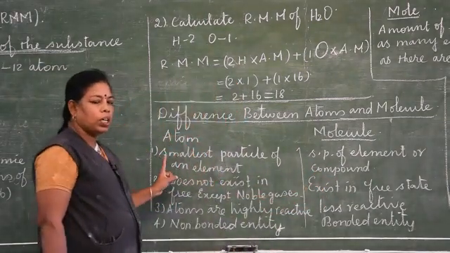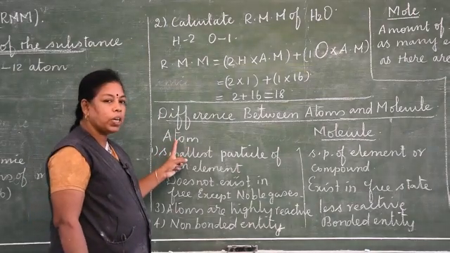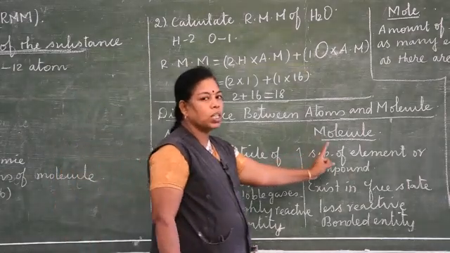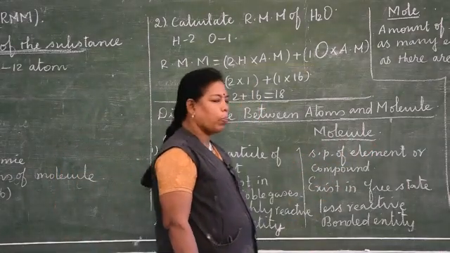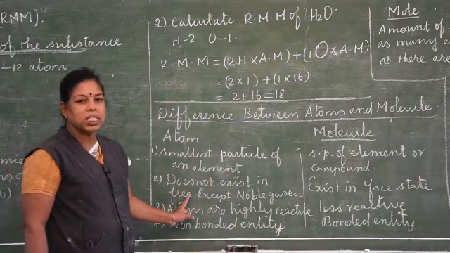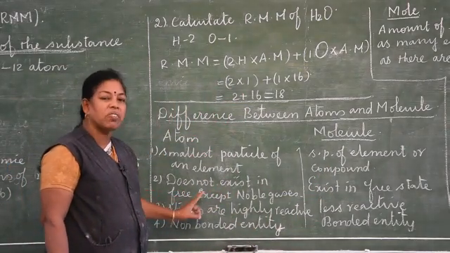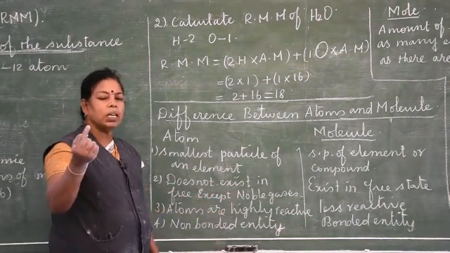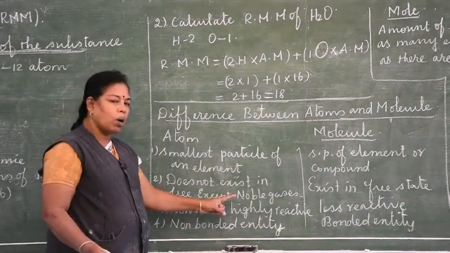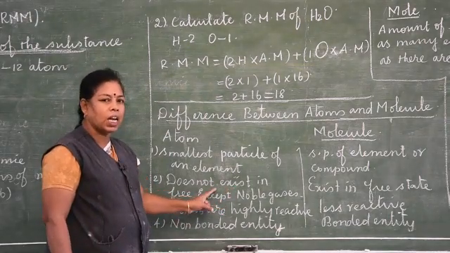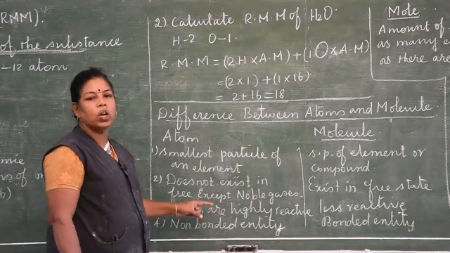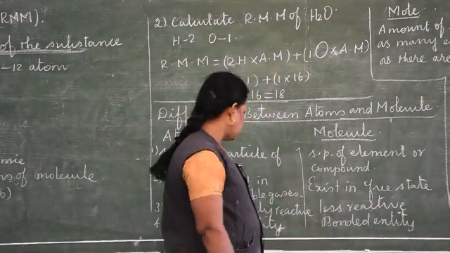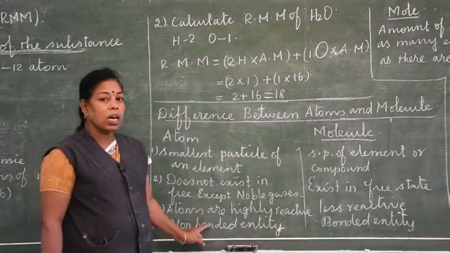The second point: atoms do not exist in free state except noble gases. A single atom will exist as a molecule. Only noble gases exist as a single atom. Most other atoms will not exist in free state. Molecules exist in free state. And the third point: atoms are highly reactive.